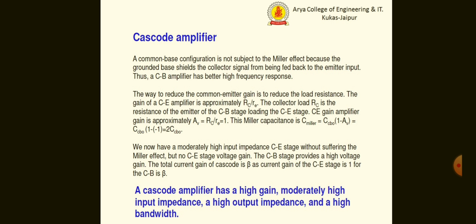The total gain of a cascode is beta, as the current gain of the CE stage is 1 and for the CB stage it is beta. A cascode amplifier is used for high gain, moderately high input impedance, a high output impedance, and a high bandwidth.